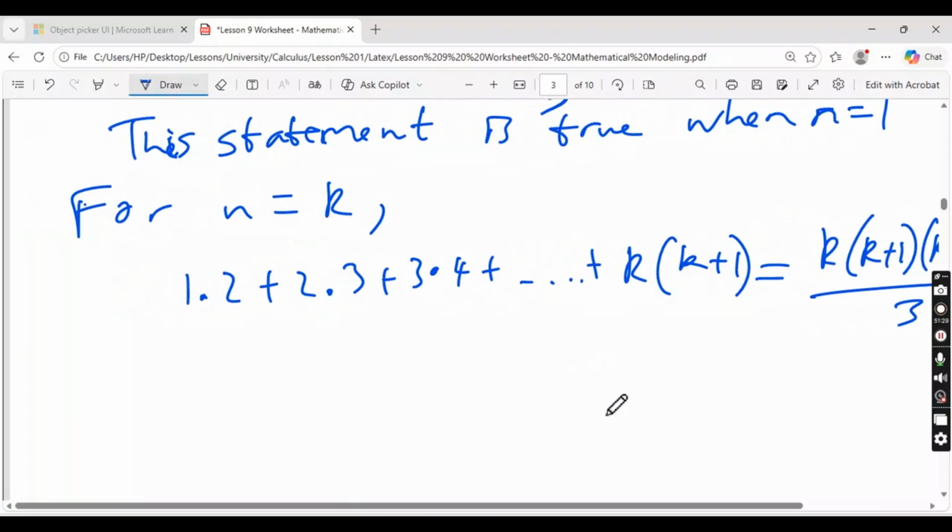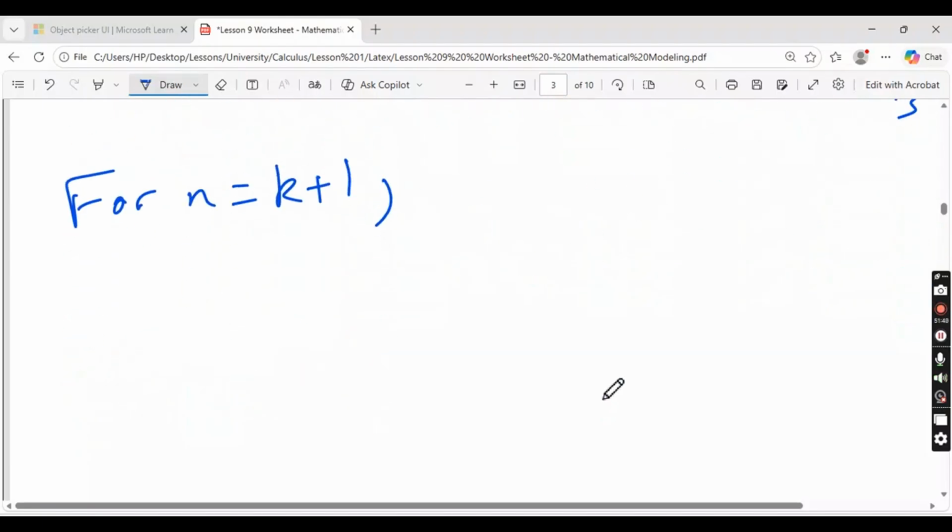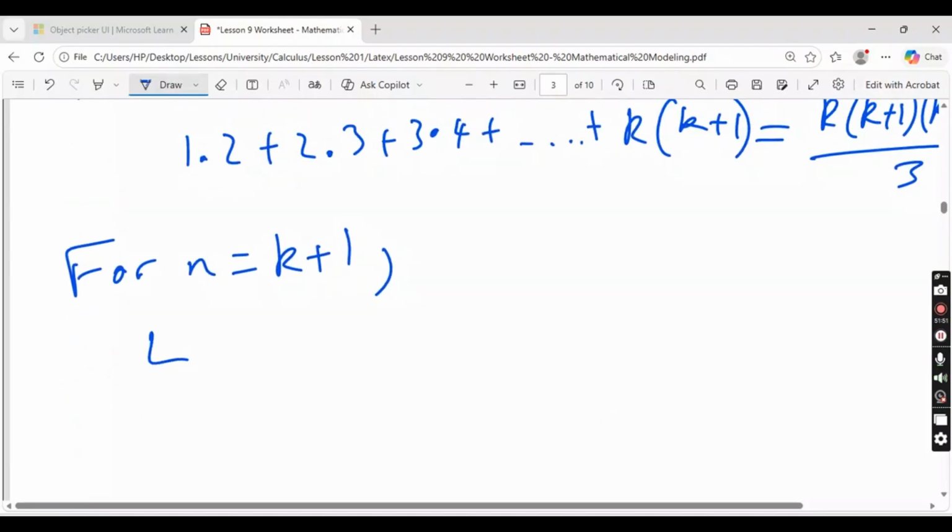Okay, what's next? Next is proving for n equals k plus 1. It will start on the left-hand side.